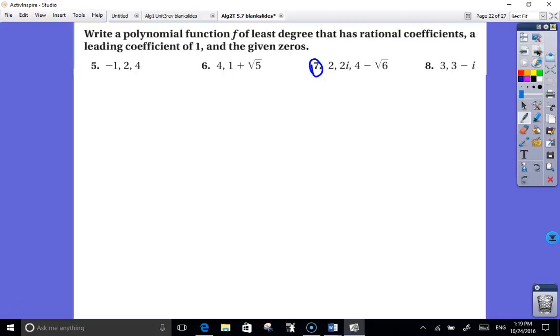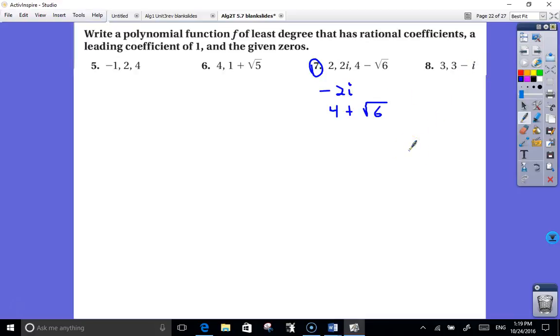So what are the two missing zeros on number 7? Negative 2i and 4 plus the square root of 6. So we're not going to take it through, but you know now how you could turn those into factors and multiply to get the polynomial.